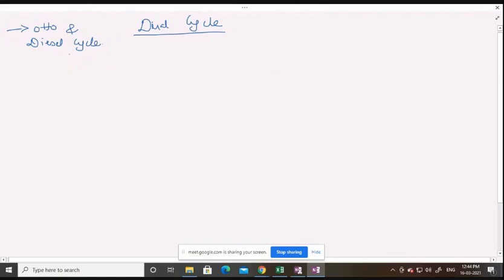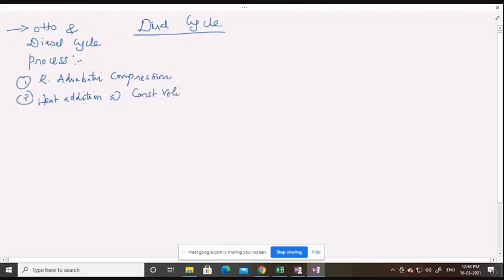So we will see what processes are involved in the dual cycle. The first process is reversible adiabatic compression. The second is heat addition at constant volume and constant pressure also.